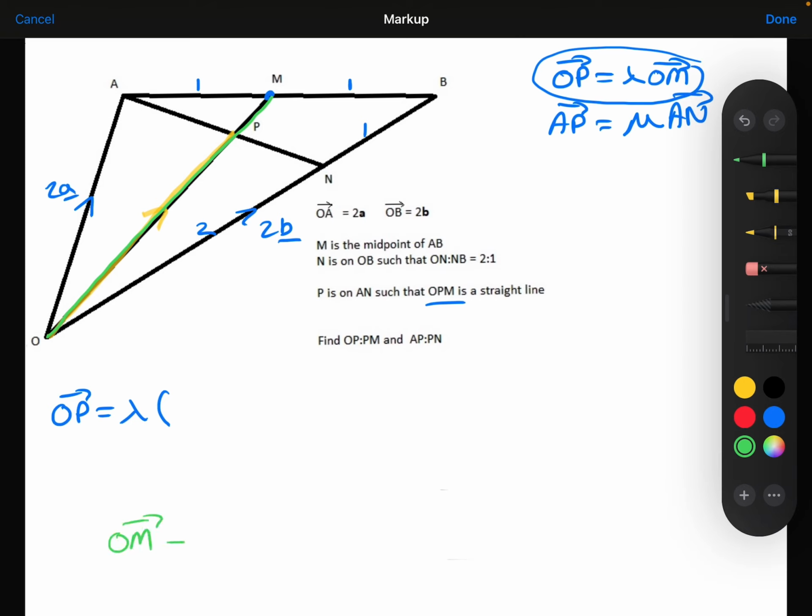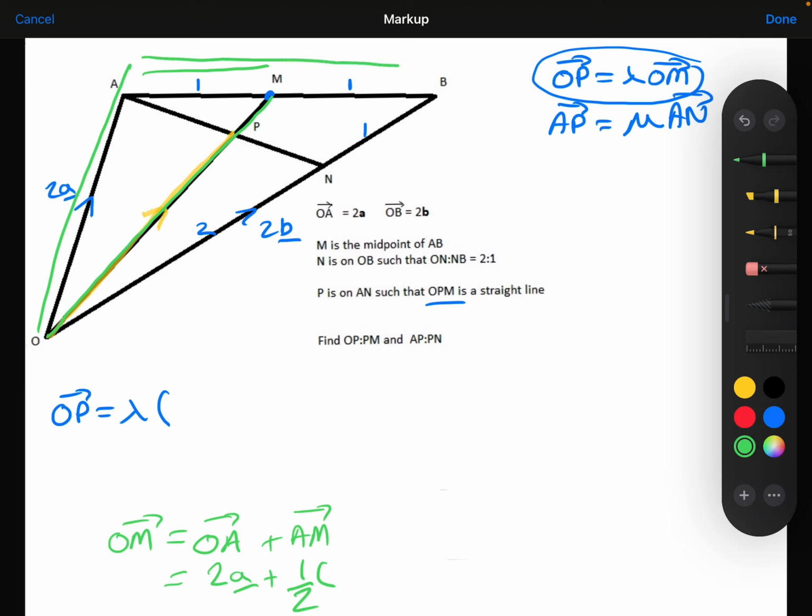O to M is going to be the same as O to A plus A to M. Now I know O to A is just 2a, and I know that A to M is going to be half of the whole of A to B. But I don't know what A to B is just yet. But again, I can do some rough working out to work out what A to B is.